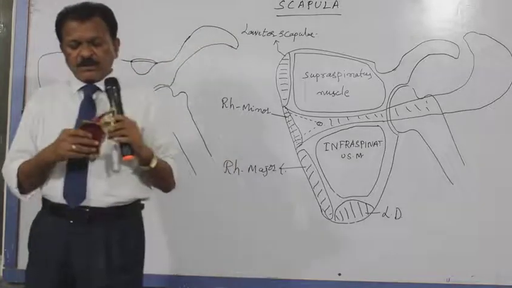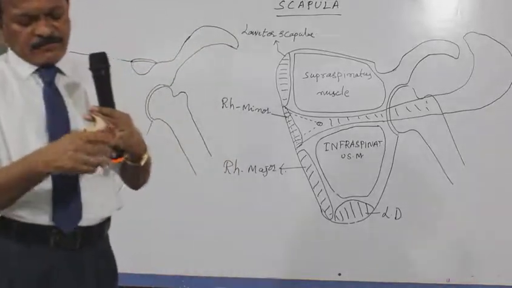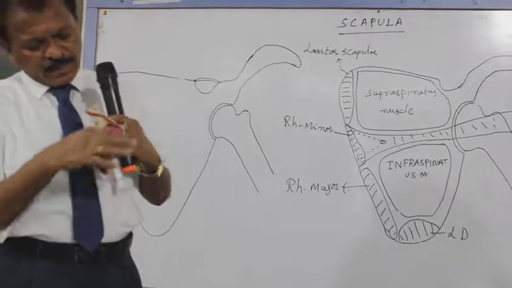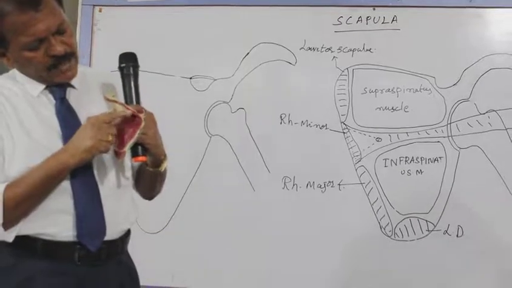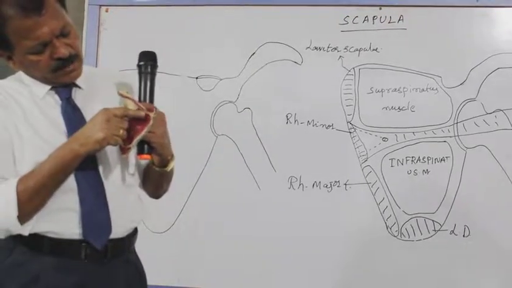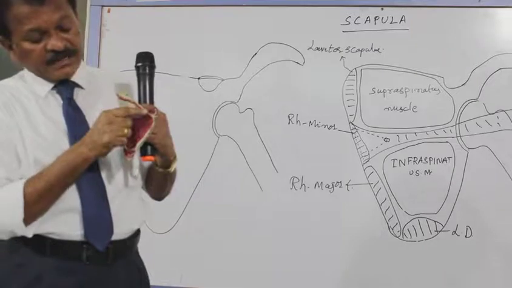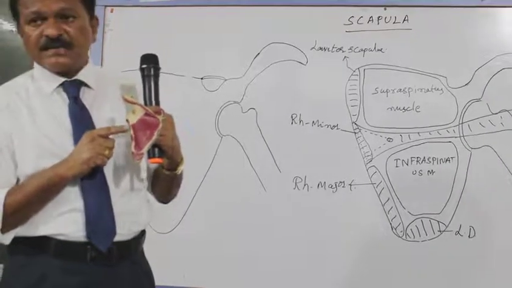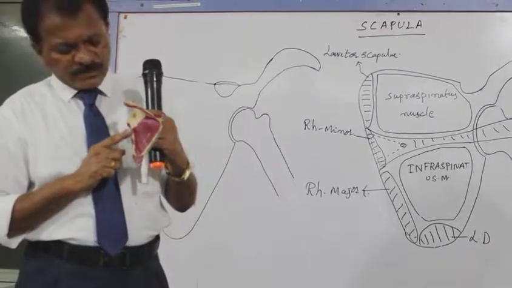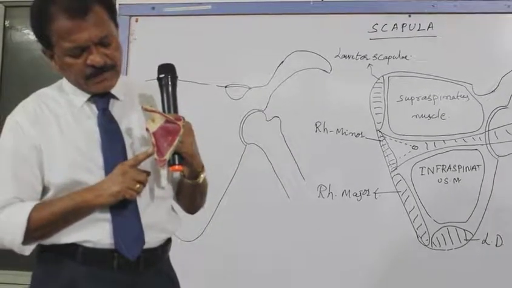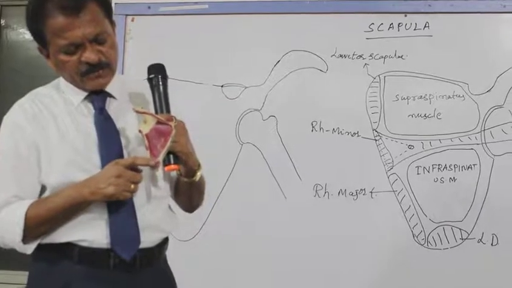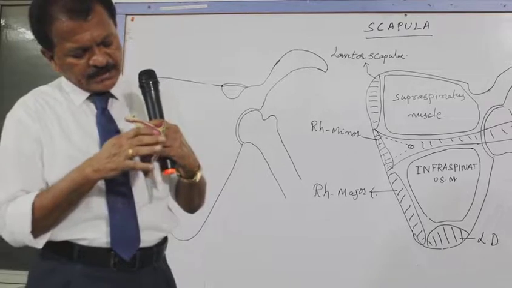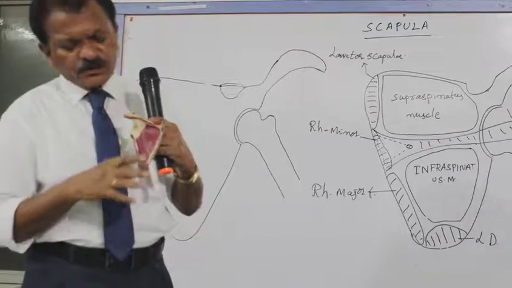Infraspinatus muscle, this is the origin for the infraspinatus, and this one is the medial border. Superiorly there is the deltoid muscle, and on the lateral side there are the teres minor and teres major, and inferiorly there is the latissimus dorsi, and on the medial side there is the rhomboideus major muscle.